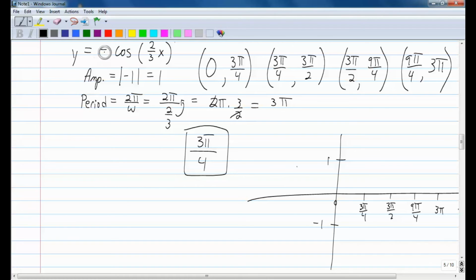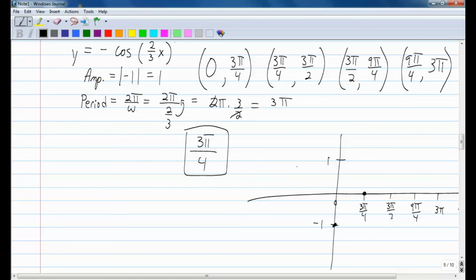Now the original was negative, so that's going to flip every high point and low point. Cosine usually starts at +1. Since it was negative, we have to start at -1. Cosine usually crosses at the next significant point past 0. It's still going to cross.